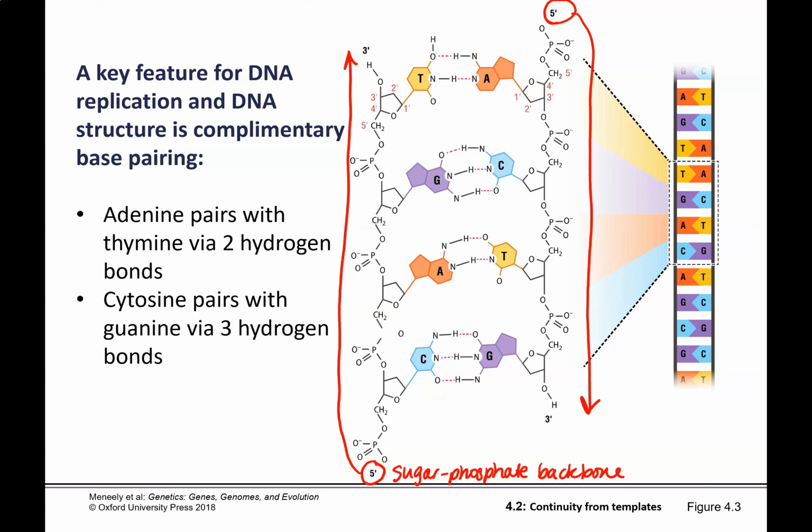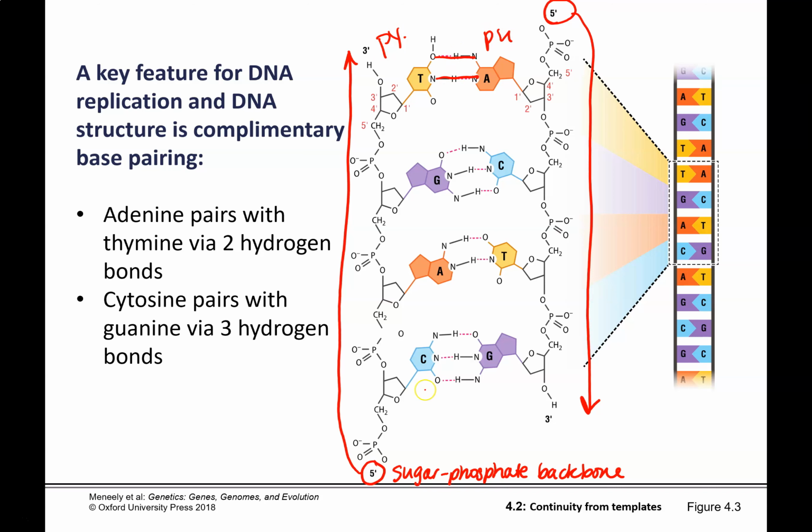And remember, the nitrogenous bases are connected by hydrogen bonds. Remember, we always have thymine binding to adenine. This is a pyrimidine bonding to a purine with 2 hydrogen bonds.